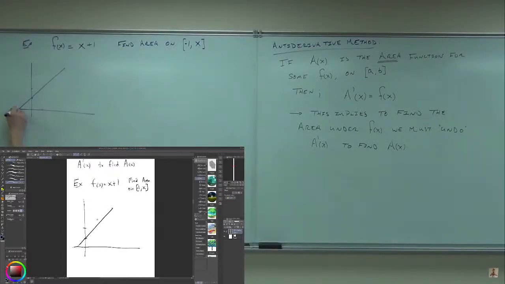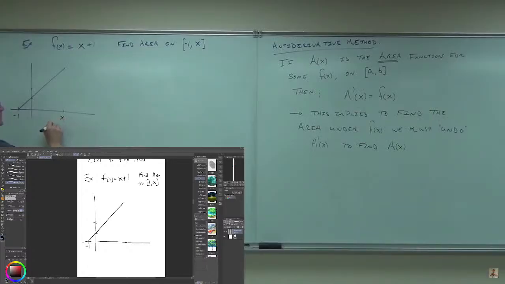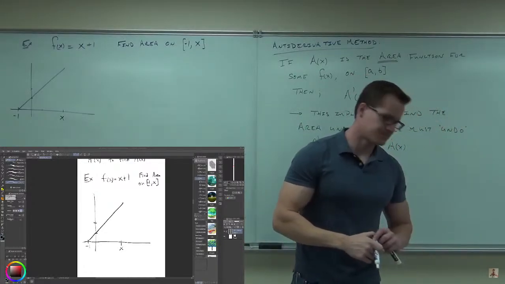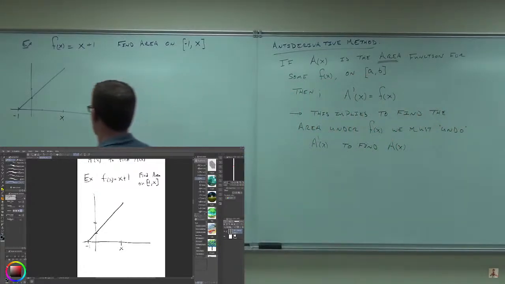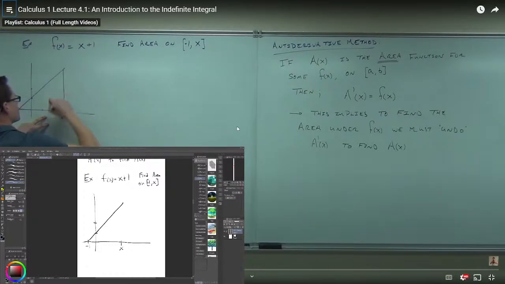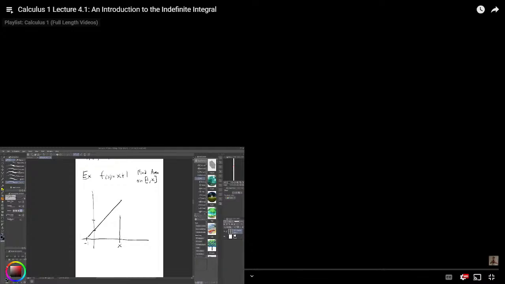Let's make that negative much more interesting. -1 to x. Now, I don't know where x is. I made it positive, but it doesn't have to be positive. What we're talking about, wherever this x is, is the area of that shaded region.